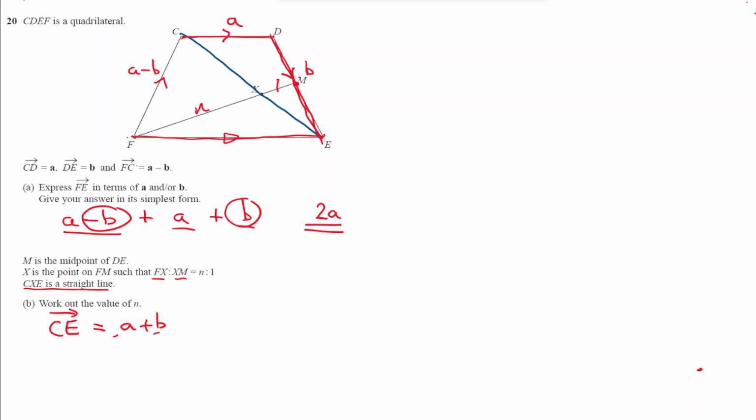So if we then wanted to work out something like CX, it would be a fraction of CE, so therefore we would know how the coefficients would relate to each other in CX. But if CX were to include, as it does, I'll show you in a second, a portion of the vector FM, then part of its coefficient would involve the letter n. And then we'd know we would be heading towards the equality of the coefficients for A and B.